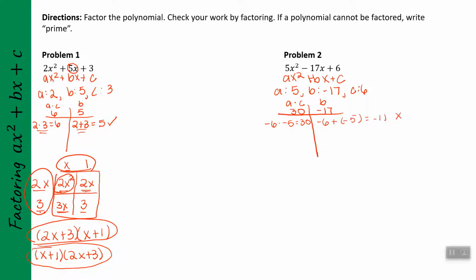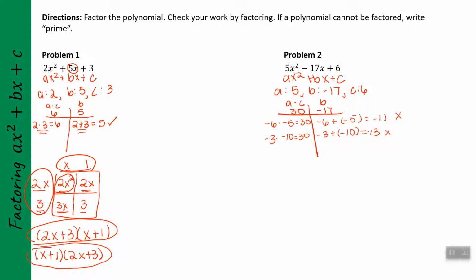I was like, okay, well, what else do I know? Well, I know negative 3 times negative 10 gets me positive 30. But negative 3 plus negative 10, well, that's negative 13. That's not going to work either.